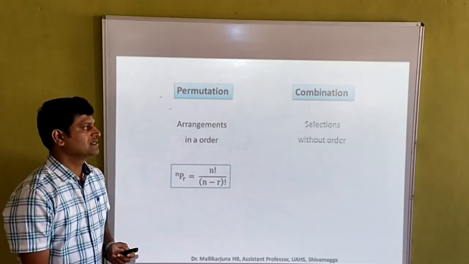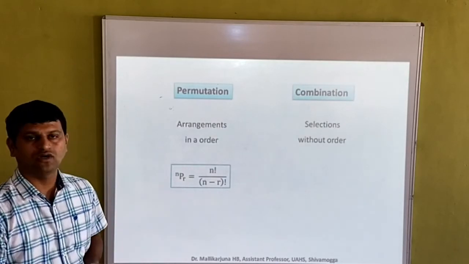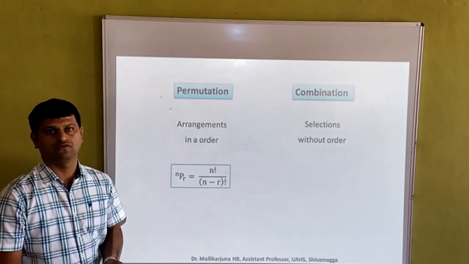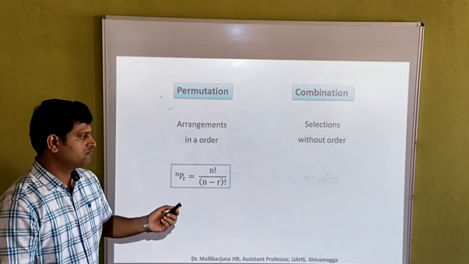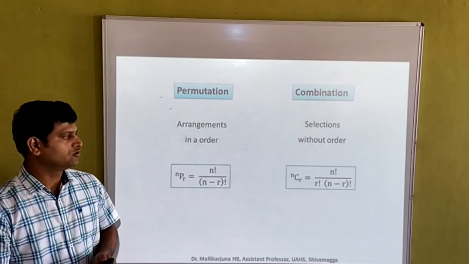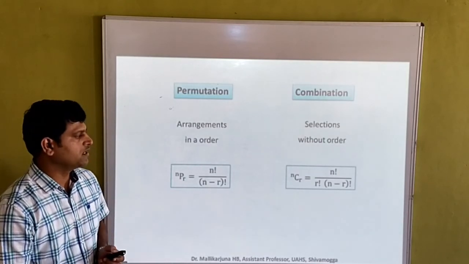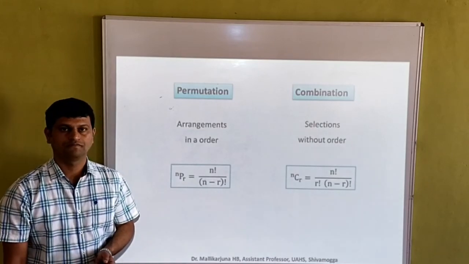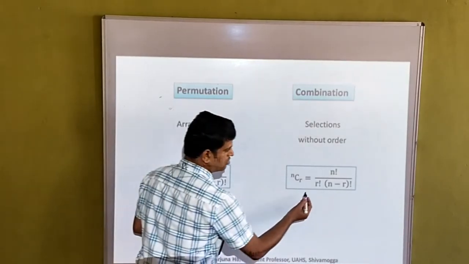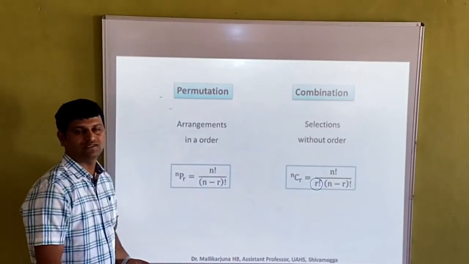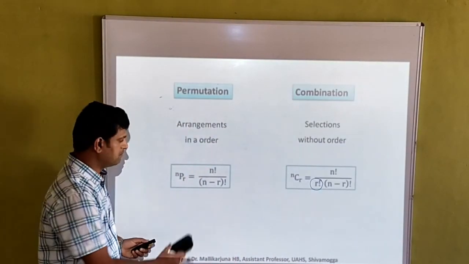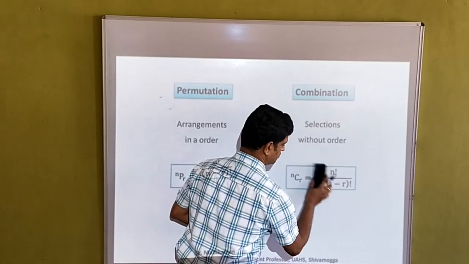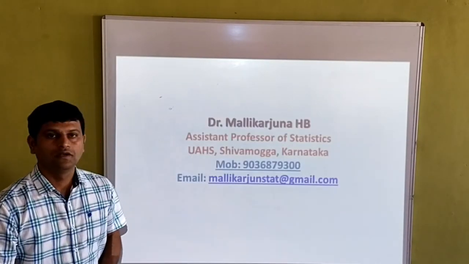Combination means selections without order, different combinations without considering the order. The formula is nCr equal to n factorial divided by r factorial times (n minus r) factorial. You can observe that only r factorial is extra compared to the permutation formula. Okay, thank you.